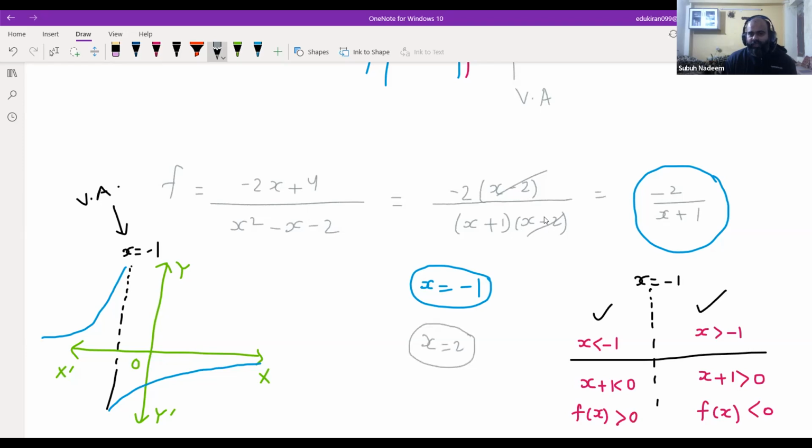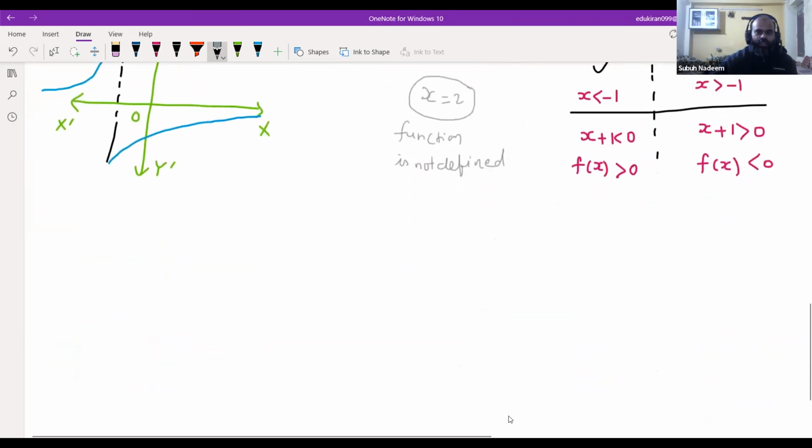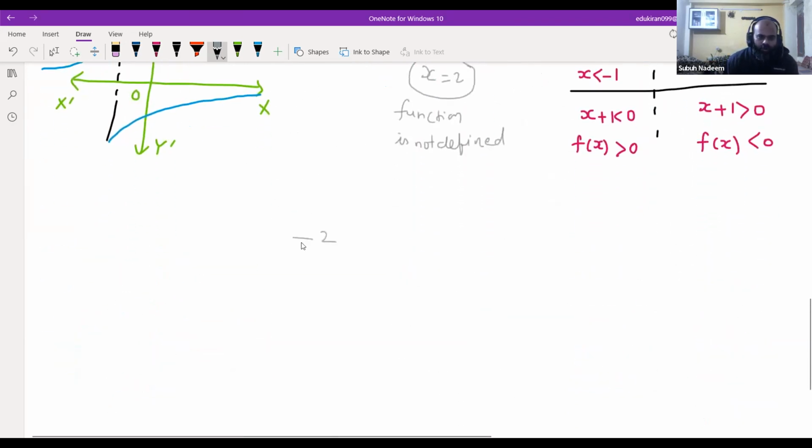Though it has got cancelled, at x is equal to 2 the function is not defined, because the denominator will become 0. Why is it so? There is a difference between two things. Minus 2 by x plus 1 is different from minus 2 into x minus 2 by x plus 1 into x minus 2.